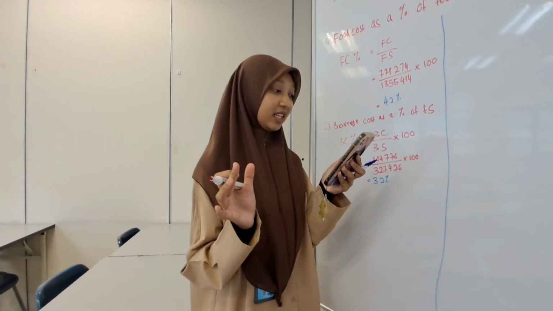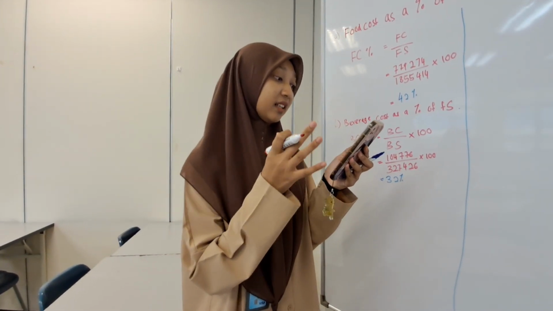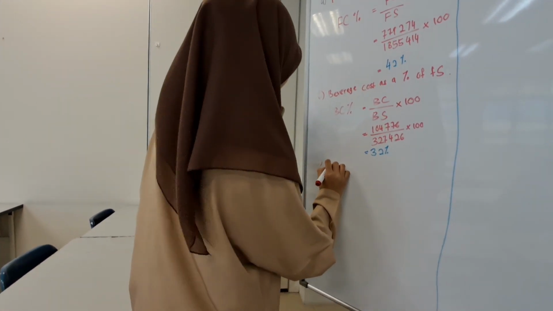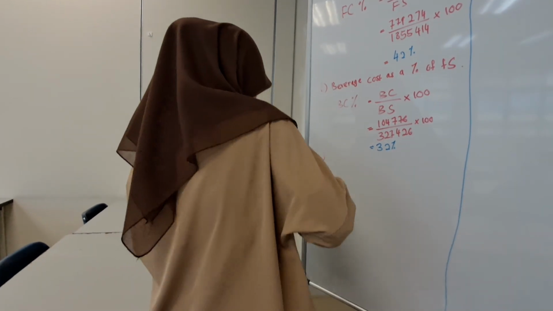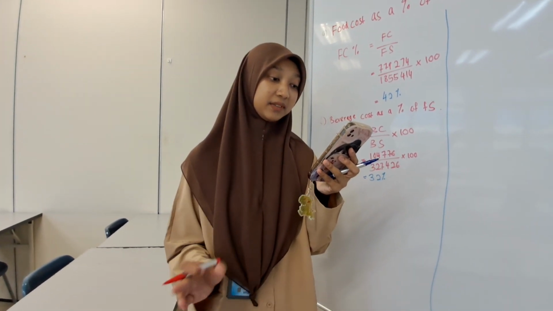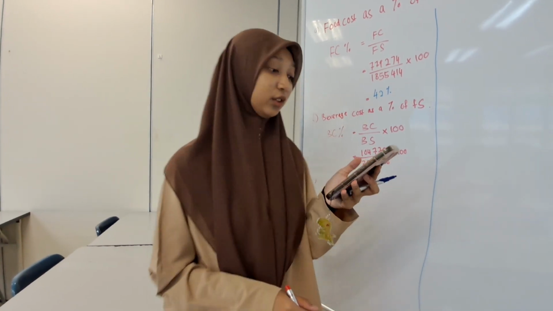For question C, we need to find combined food and beverage cost as a percentage of total sales. So the formula is food.